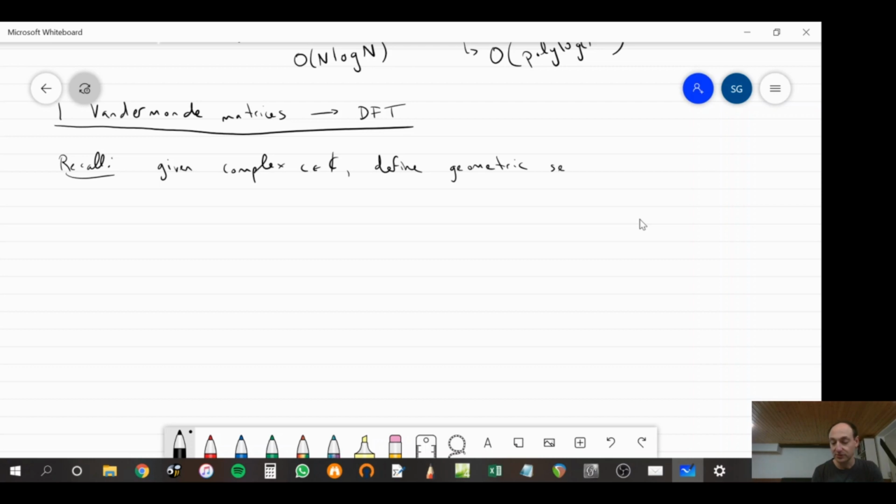So what is a geometric sequence? Well, it's going to be C to the 0, which is of course just 1, C to the 1, C squared, C cubed, and so forth, right? You can always define this sequence. And, let me be precise, maybe I'll let this go up to C to the n minus 1, because obviously n is going to play the role of dimension eventually.